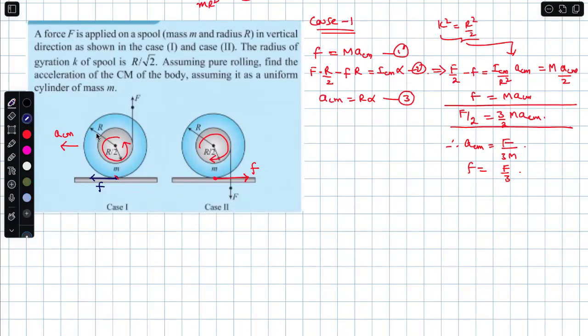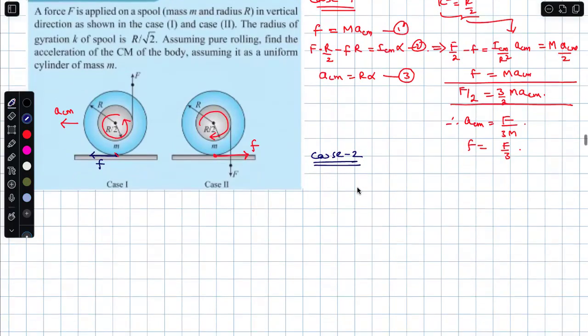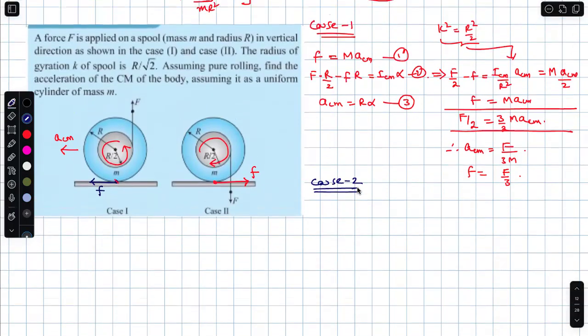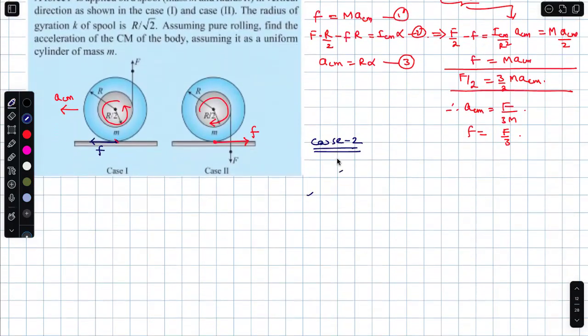Next. Case 2. Equation 1. F into R by 2 minus F into R is I_CM alpha, equation 2.